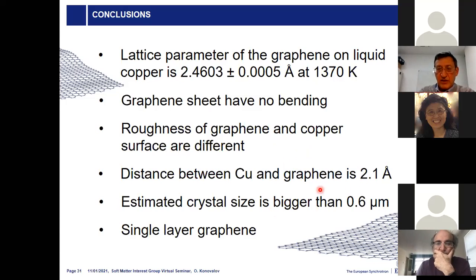Then the gap between graphene and the copper, and the crystal size from the Bragg reflections is not smaller than 0.6 microns, but optically they are quite a bit bigger. And we also confirm that this is single layer graphene.